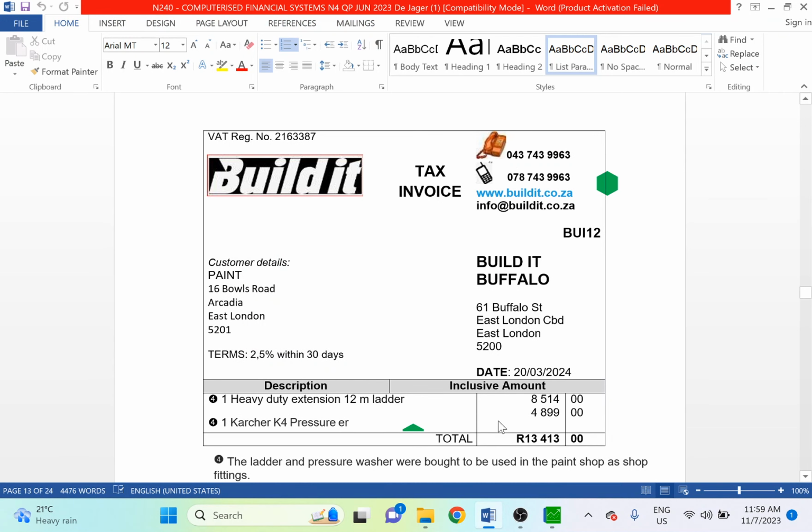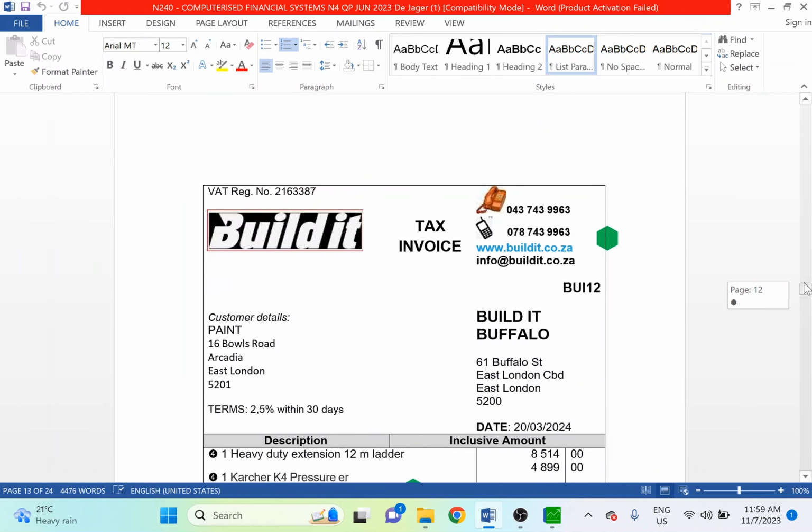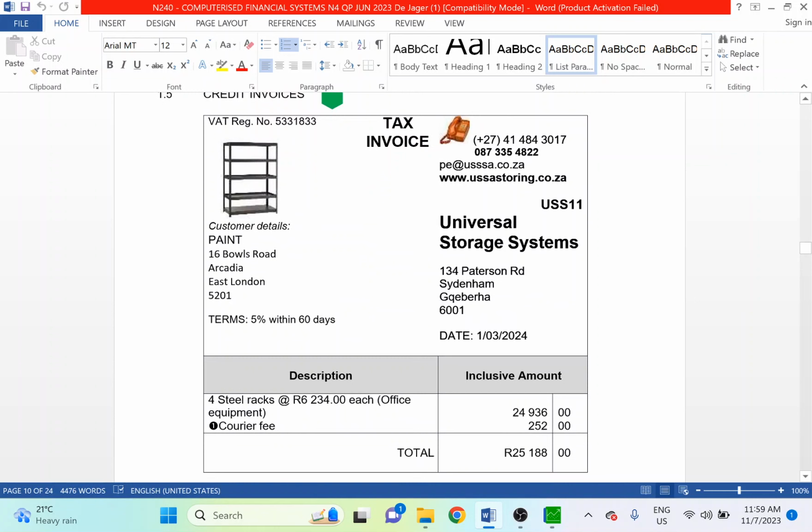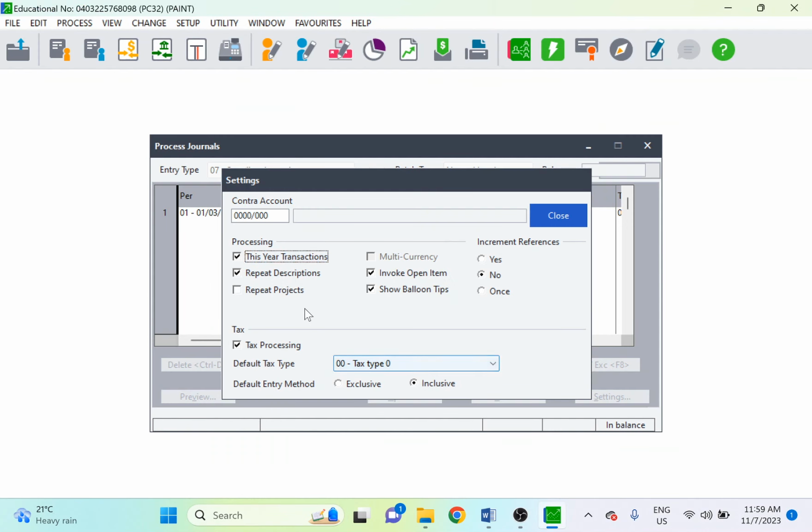Now we are starting with universal storage. So the date is on the 1st of March 2024. This is current year. So under settings, we're going to tick current year. References, we will be using invoice numbers, so you're not supposed to increment them.